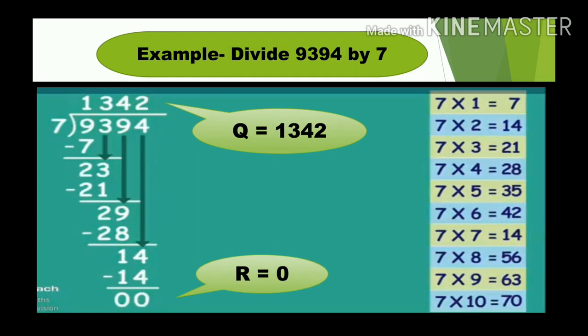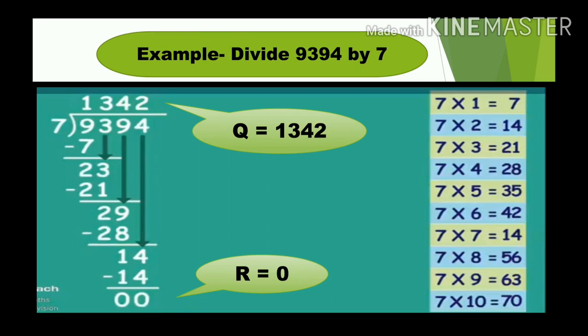Now we'll see another example. Divide 9394 by 7. Here also again we have to start with the first digit, which is 9. So count the table of 7, how many times we can get the number which is less than or equal to 9.